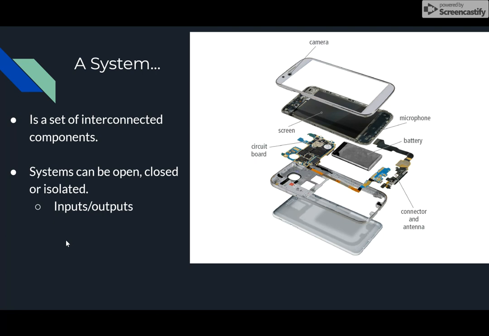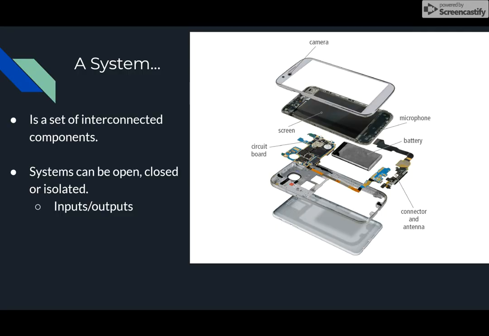The system can be described as open, closed, or isolated. We're mostly going to focus on open and closed systems. In biology, we're not going to talk a lot about isolated systems. So an open system is where inputs and outputs can flow freely through the system. So an input is something that comes into the system.